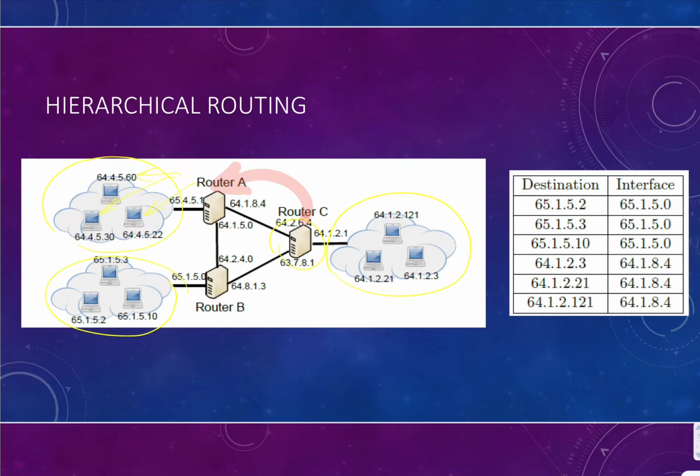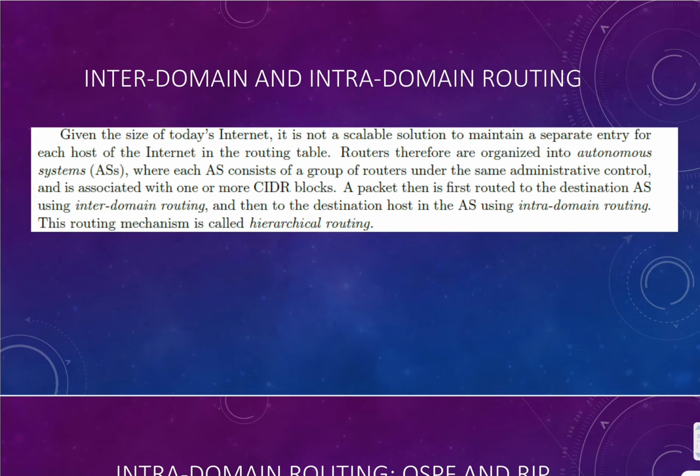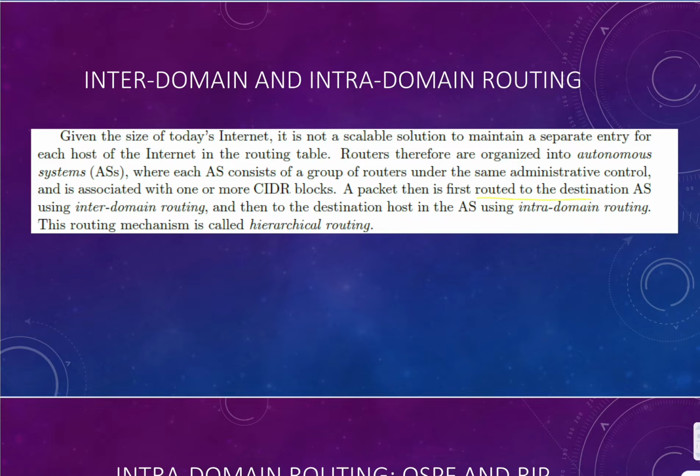Now, to go to all of these different destinations, for example, to go to this host and that host, which are different destinations inside the autonomous system represented by router B, it is sufficient to use the address corresponding to router B. So a packet is first routed to the destination autonomous system using interdomain routing, and then to the destination host in the autonomous system using intradomain routing.